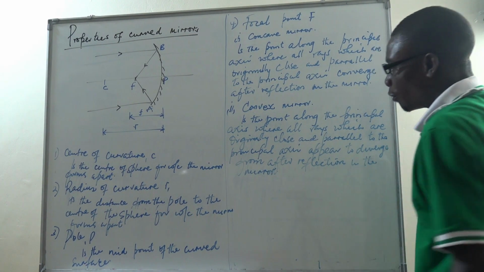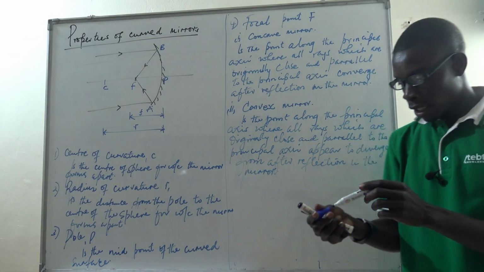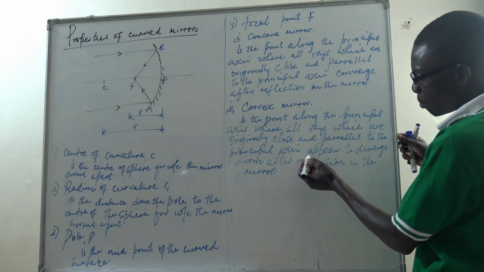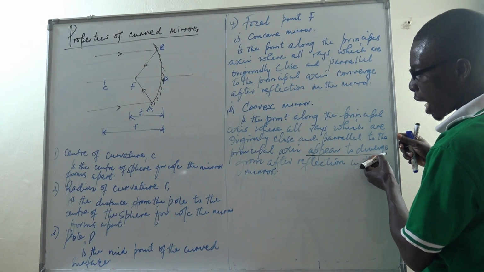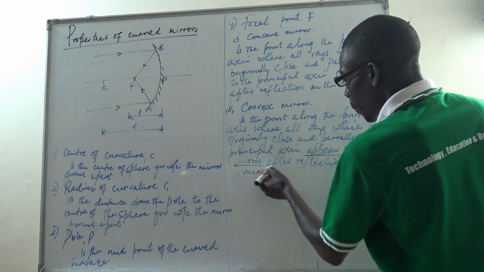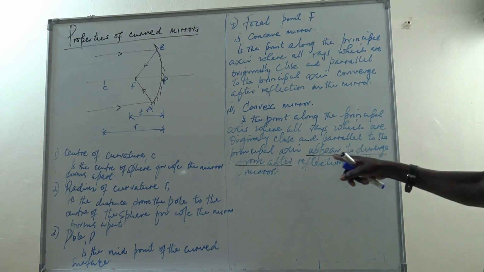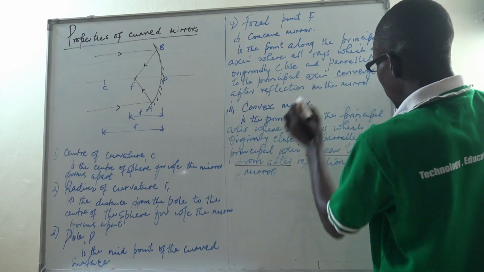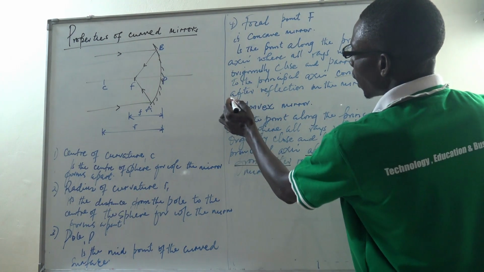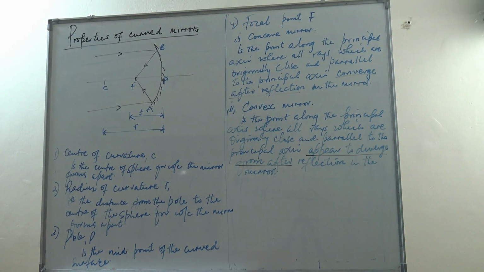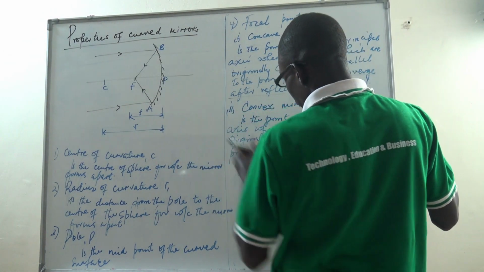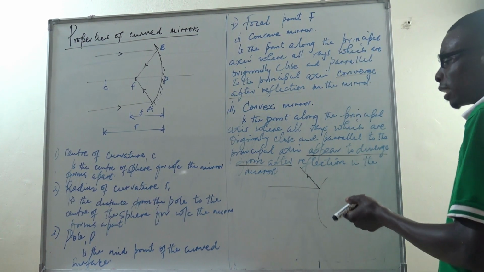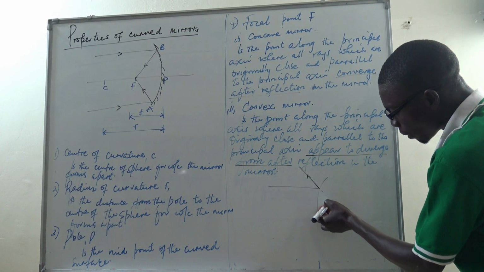Please, the definition seems to be the same, but trust me, they are not the same. Very important here is you should master this. Appear to diverge from after reflection. But here we say that it converges instead. Converges after reflection. Is that okay? For a convex mirror, if a ray comes, it will be reflected, but as it's reflected, it will be seen as coming from some other point.